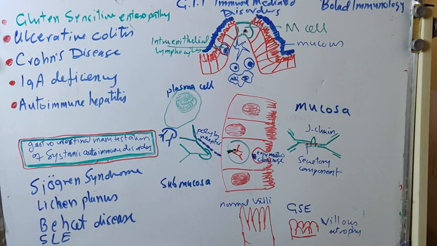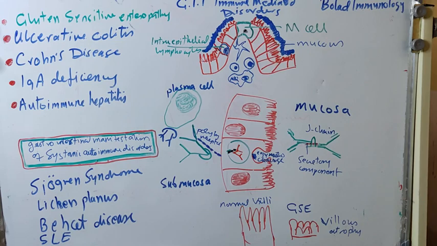And the IgA within the lumen, or within the secretion or within the mucosa of the gastrointestinal tract, plays a very crucial function in protecting the mucous membranes from invaders.